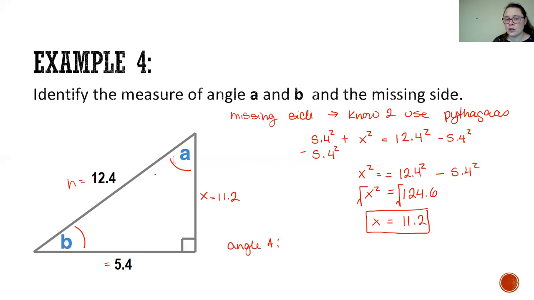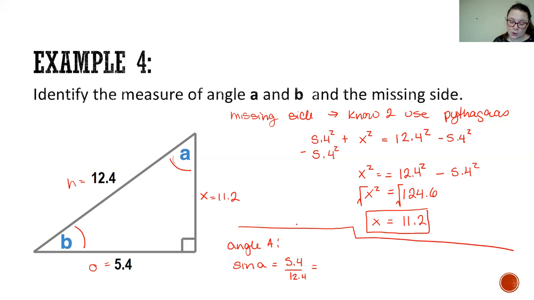So 5.4 is opposite of angle A. So we're going to label it as opposite. Which ratio uses hypotenuse and opposite? Well, that ratio is sine. So the sine of angle A is equal to, opposite goes on the top, 5.4 over 12.4, which is equal to 0.4355.